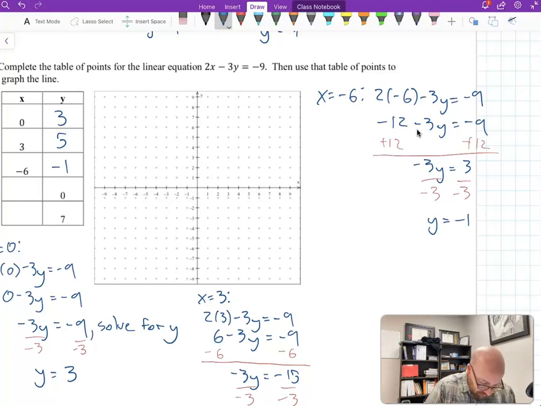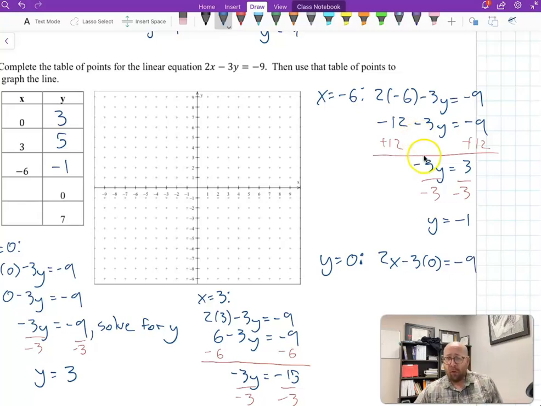Now we need to let y equal 0. This time we're going to solve for x. So we have 2x minus 3 times 0 equals -9. So what is 3 times 0? It's 0. Will subtracting 0 from 2x make any difference?